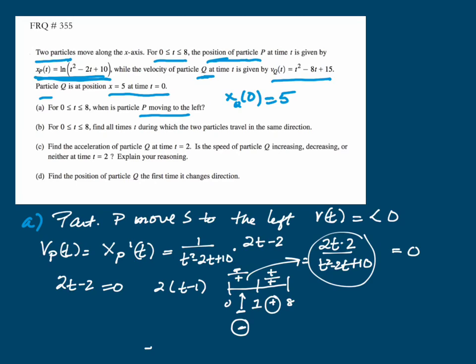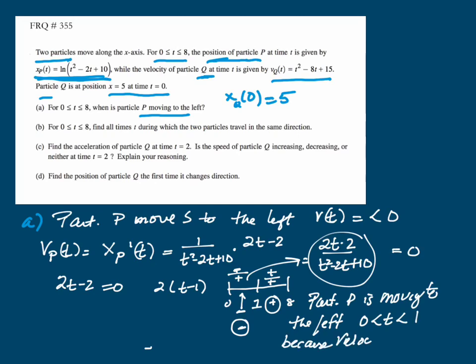Left was less than 0, so we would say that particle P is moving to the left from 0 to 1, because velocity is negative during this interval. Okay, so there is part A.